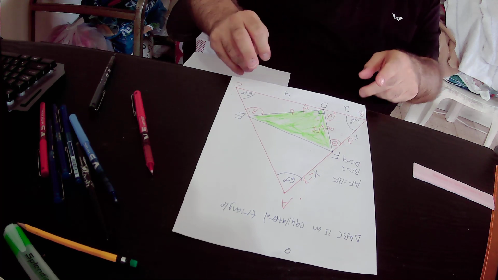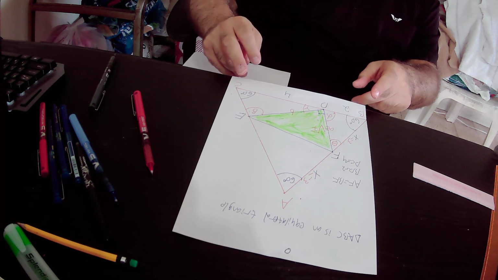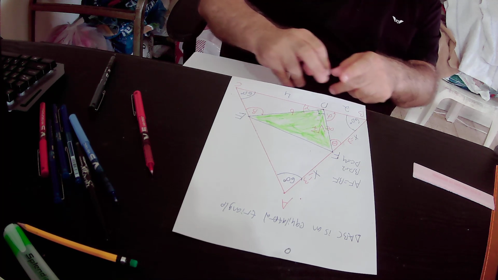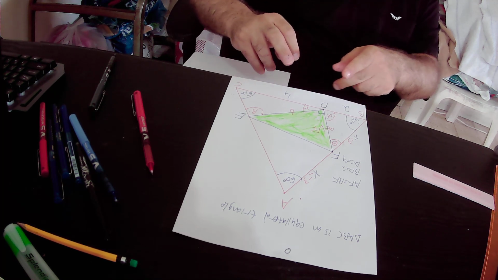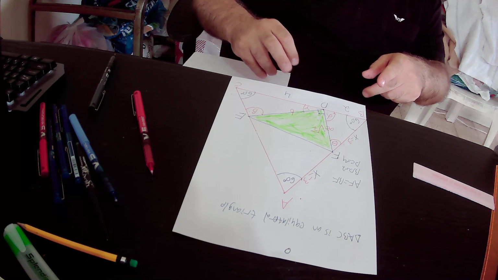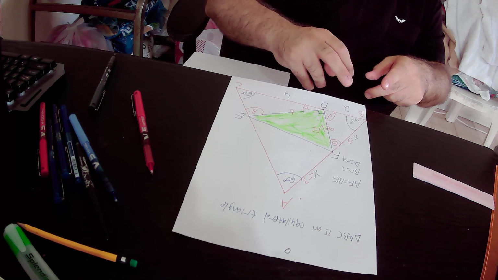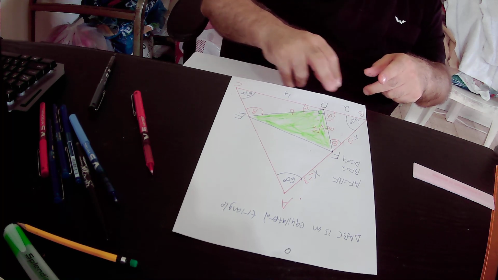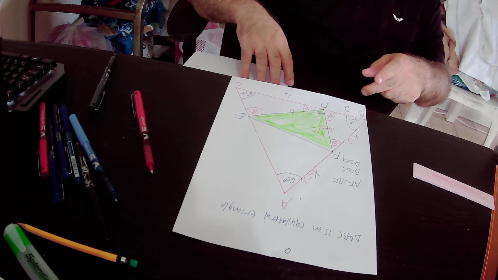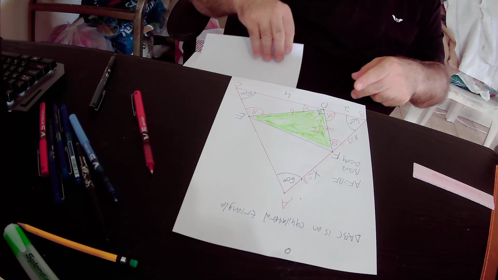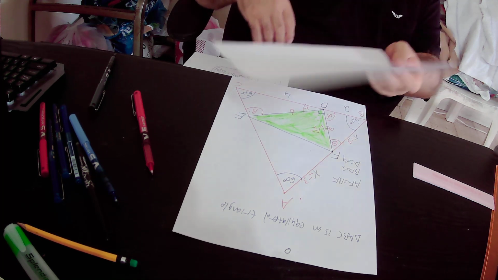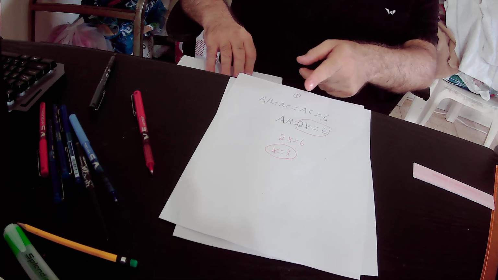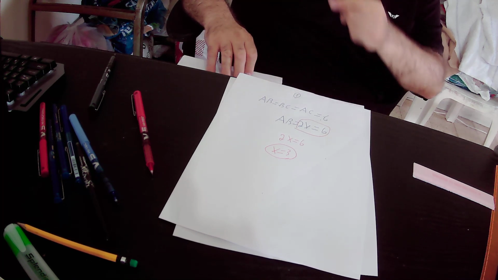So side BC equals 2 plus 4, that is to say side BC of the equilateral triangle ABC equals 6 units. So we can write down that AB equals BC equals AC equals 6 units.